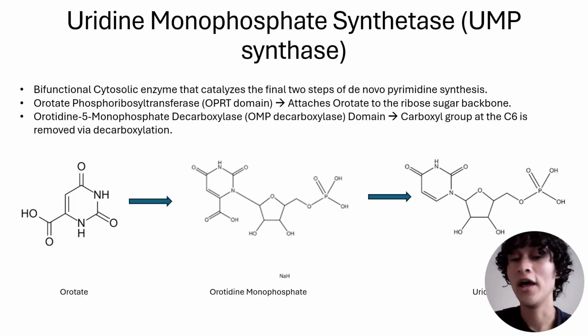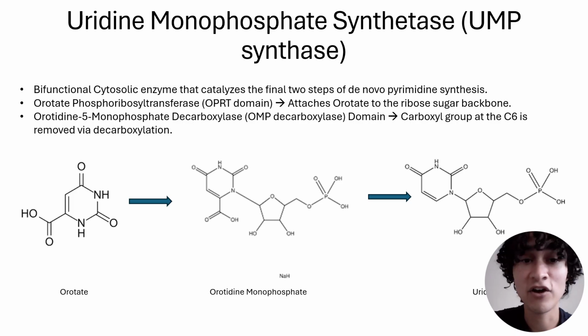A lot of these steps are enzymatically controlled in bacteria by single enzymes, whereas in eukaryotes we have these efficient protein complexes that allow for the efficient synthesis of our purine and pyrimidine mononucleotide bases.